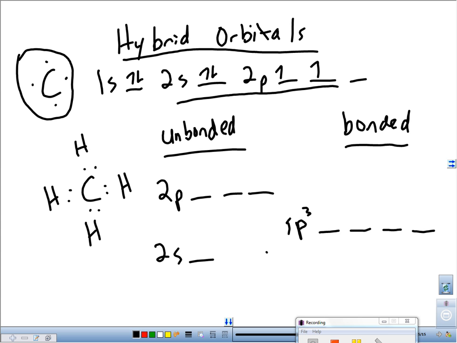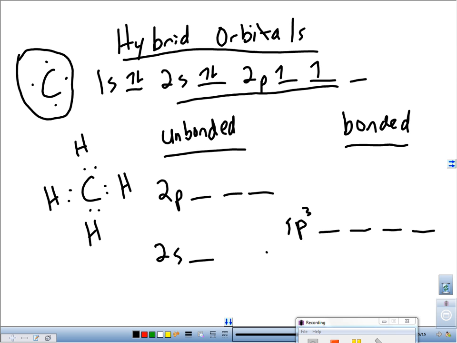All right. So what we have with an unbonded carbon is one 2s orbital and 3 2p orbitals. The bonded carbon forms, in this case, not always, in this case forms 1, 2, 3, 4 new orbitals to make these 4 bonds that are identical, and we call them sp3 hybrid orbitals.